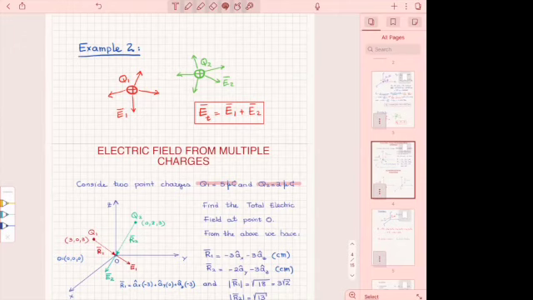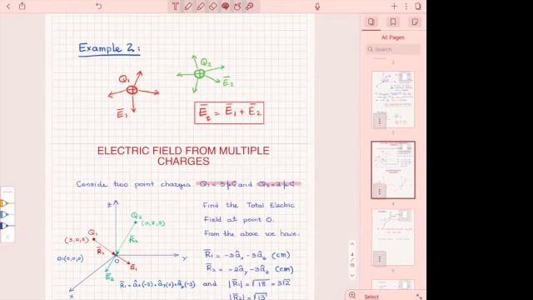If you have one static source, a charge, that generates an electric field, and then you have a second static source, a charge, that generates its own field, then the total field is the sum of the two. And when I say sum, I mean the sum of the two vectors, because each field is a vector.